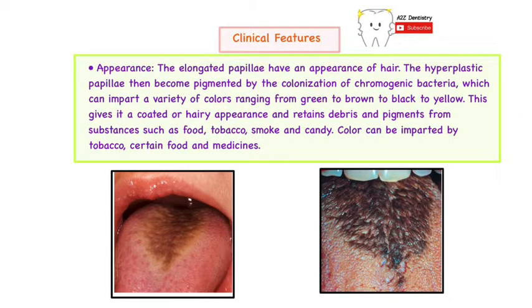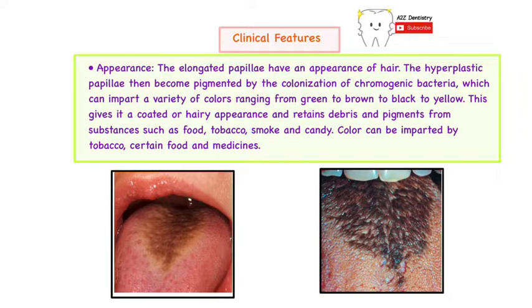Moving on to the appearance of hairy tongue. As we know, there is elongation of the filiform papillae. These elongated papillae impart a hair-like appearance, therefore the name hairy tongue. The hyperplastic papillae eventually become pigmented due to a variety of food consumption, especially tea and beverages. So the papillae take up the color of such substances and appear black.